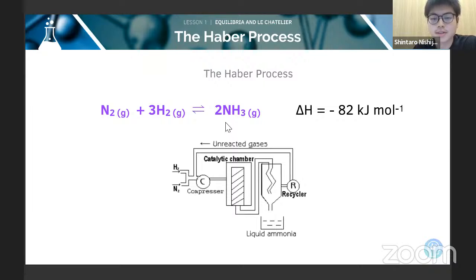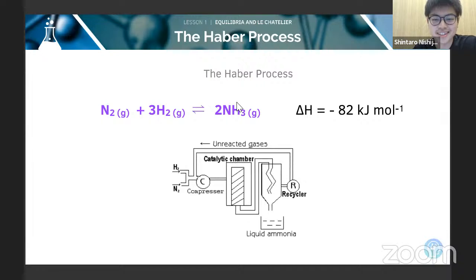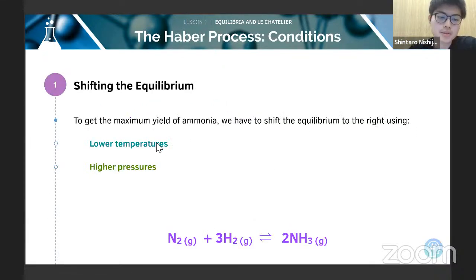So that's less pressure, right? Then we want to do the opposite of that. We want higher pressures, to maximize yield and shift the equilibrium to the right as much as possible. So we want lower temperatures and higher pressure. This is what Le Chatelier's principle says is the best.